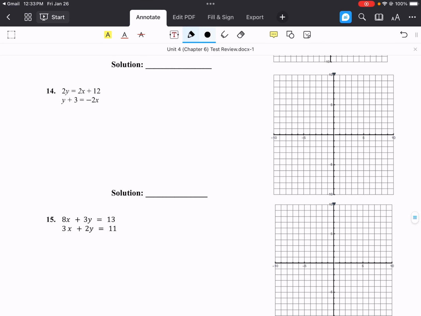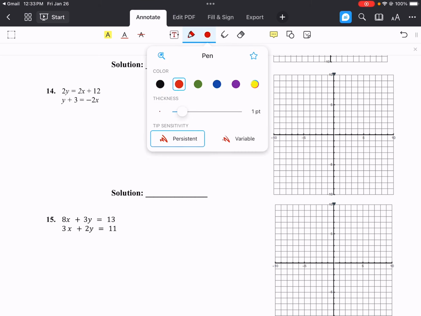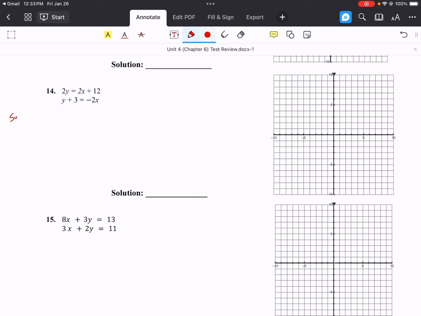All right, question 14. We've got 2y equals 2x plus 12 and y plus 3 equals -2x. For me, I would probably use substitution here. There's really a couple of ways to use substitution in this case.